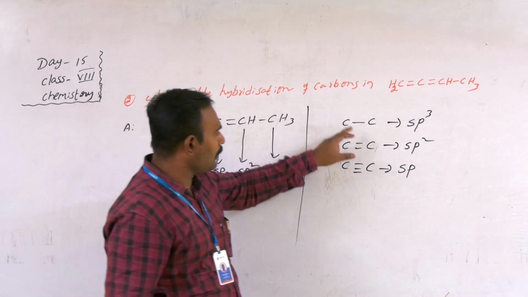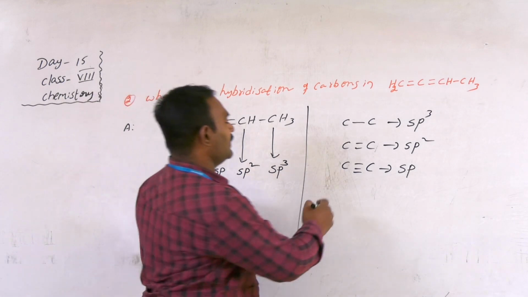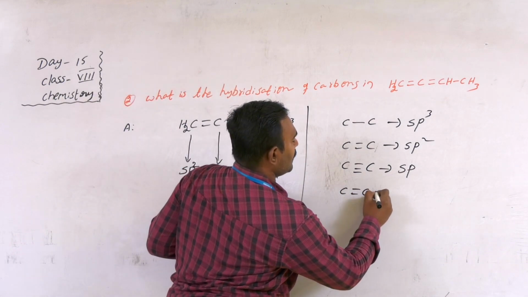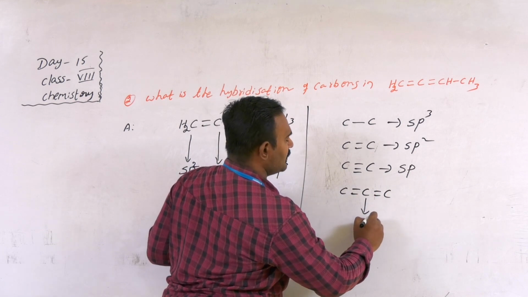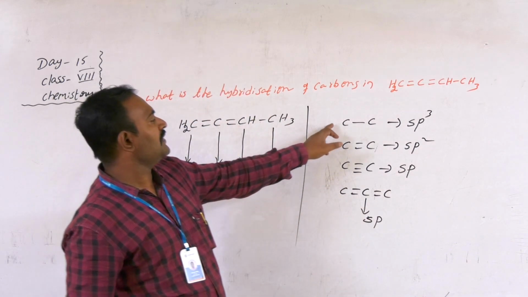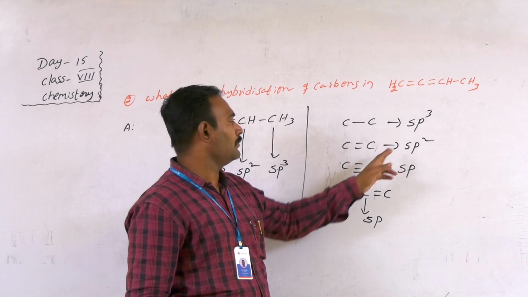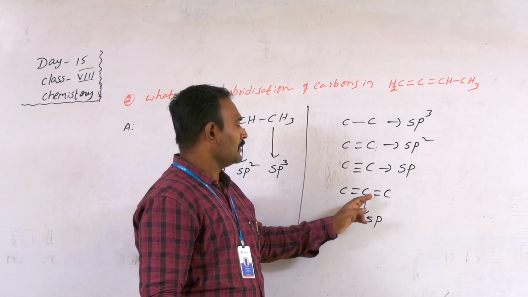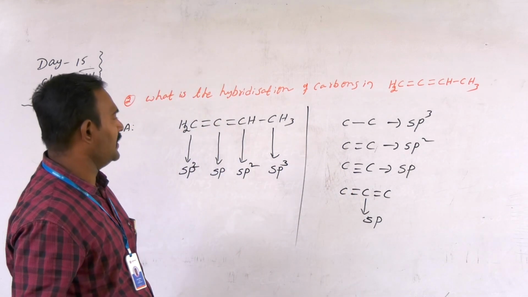We have to remember the remaining bonds have to be satisfied with hydrogen. Next, a carbon with two adjacent double bonds has sp hybridization. So: only single bonds between the carbons, sp3; double bond, sp2; triple bond, sp; carbon with two adjacent double bonds, sp hybridization.